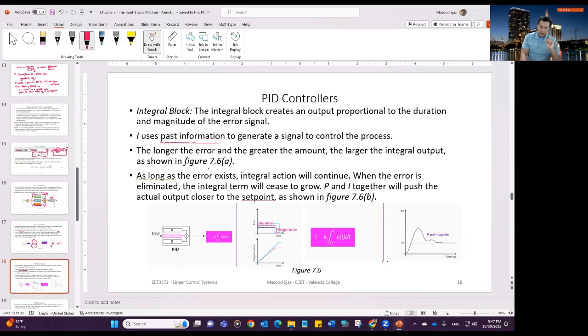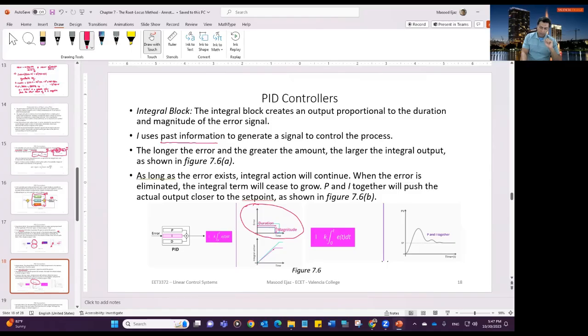The bigger the error, the longer the error, and the greater the amount, the larger the integral output, as you can see over here. So this is your input error signal, assume. You have a blue line and a dark blue line, 2 lines. If the input signal is smaller, with the dark blue line for a smaller amount of time, then of course it's a constant value.